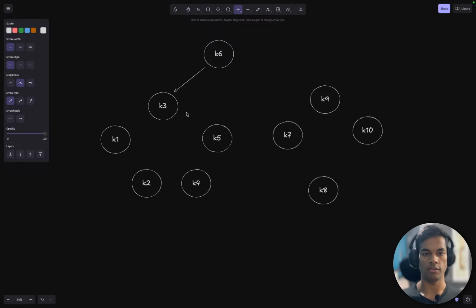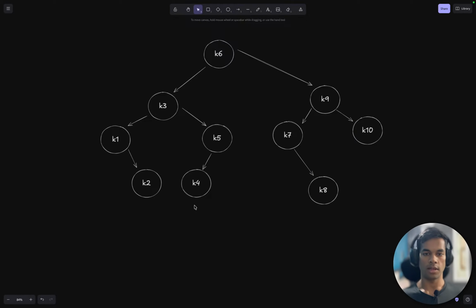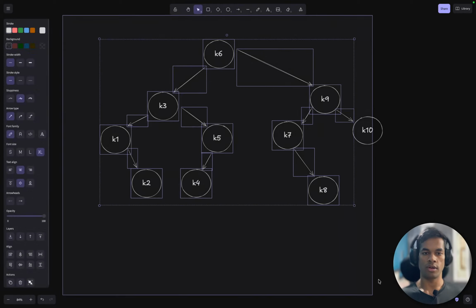That is actually nice and makes sense. Yep, that would be our binary search tree.